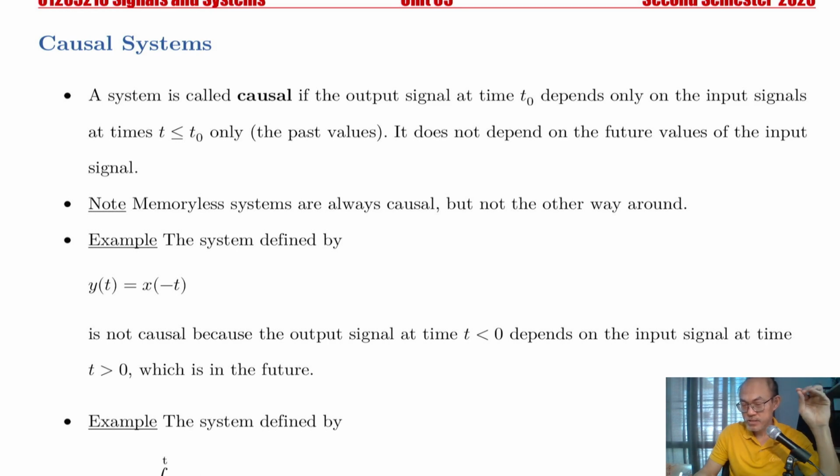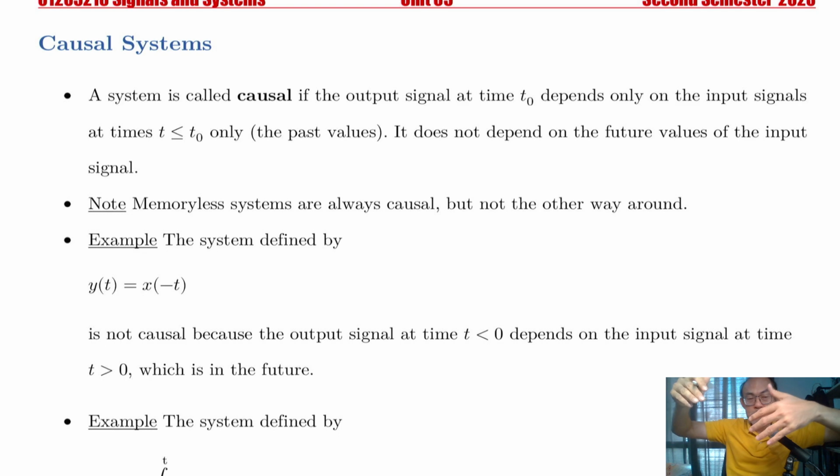It can only depend on the present and the past values of the input. The present value of the output does not depend on the future values of the input. Think about it. You haven't applied the input yet. How come the output changes?